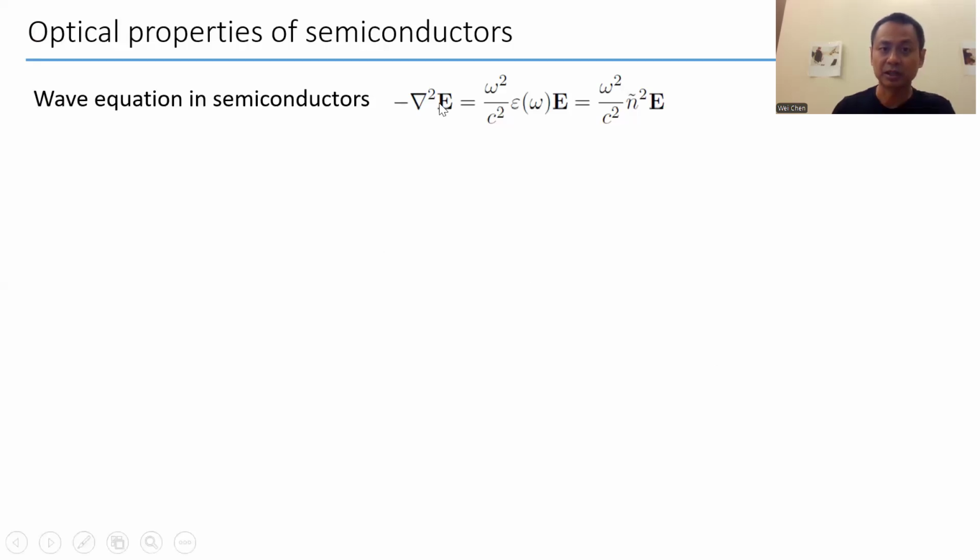The propagation of the electric field inside the semiconductor is described by the wave equation, in which the speed of light is no longer just the speed of light in a vacuum, but is normalized by this dielectric function, which you can as well write in terms of the complex refractive index squared.